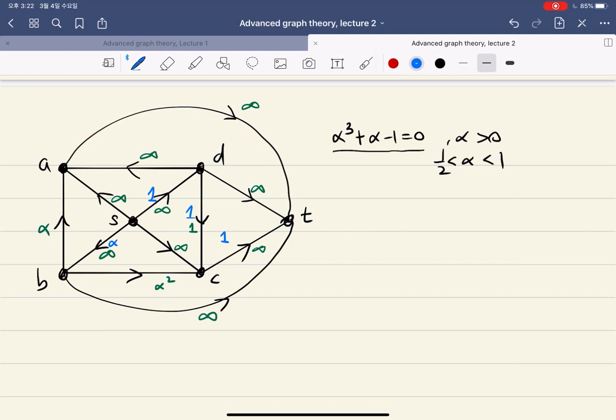So this is alpha, alpha, alpha. And then we take this augmenting path. Then this has the smallest capacity, so we can increase by alpha square, alpha square, alpha square, alpha square.